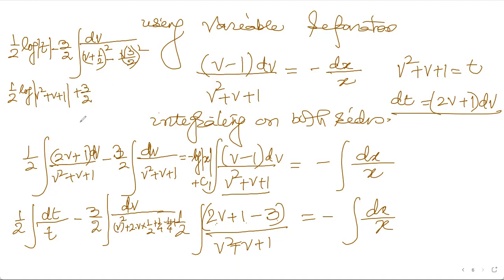And there is a formula of tan inverse here, that is 1 by a, so 1 by root 3 by 2, tan inverse v plus half by root 3 by 2 is equal to negative log x plus c1.